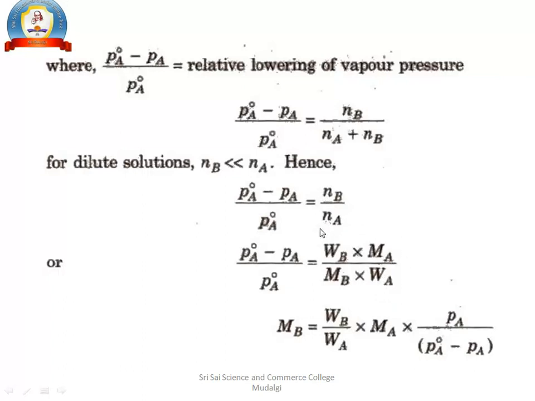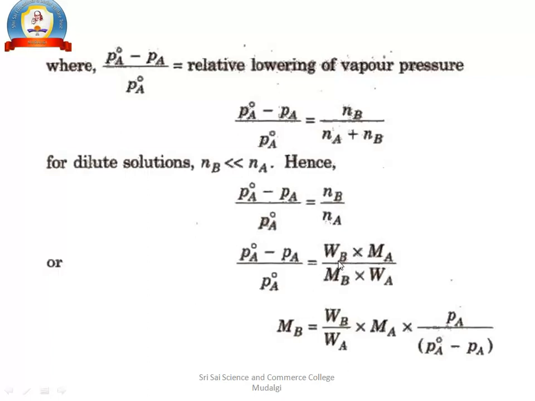So the whole expression Nb divided by Na turns into Wb into Ma whole divided by Mb into Wa. Now remember children: weight of component B, molecular mass of component A, molecular mass of component B, weight of component A. What is A and B here? A refers to solvent and B refers to solute.